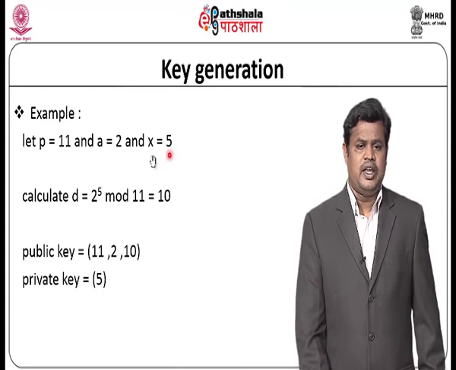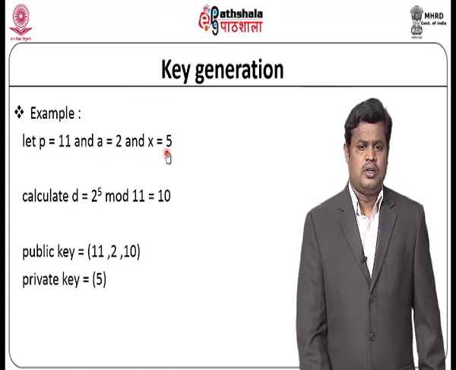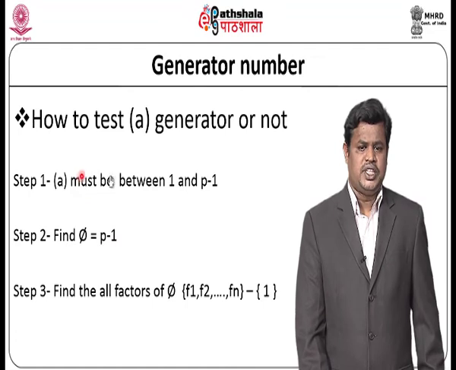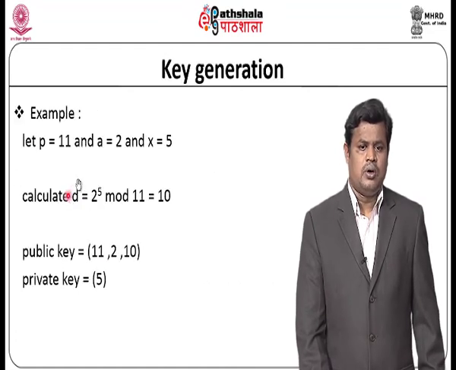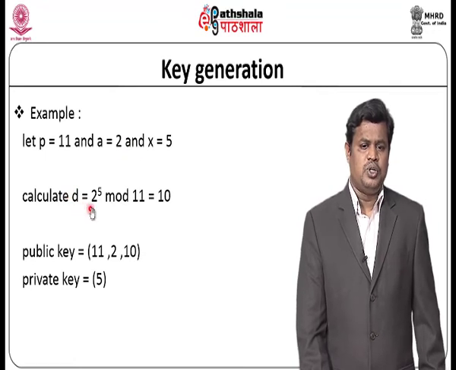A is your generator and x is your secret information. According to this we use a generator for choosing the value. Here d is equal to 2 power 5 mod 11, which is equal to 10.